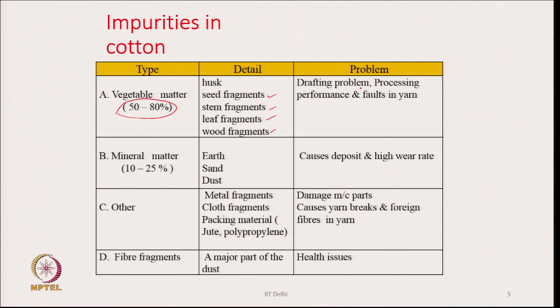There will be a drafting problem, as there are some machines where there is an operation called drafting, and it will also create problems in the processing performance of the machines, and there will be a lot of faults in the yarn. So, these are the problems we are going to face if the vegetable matters are not removed, if we leave them.